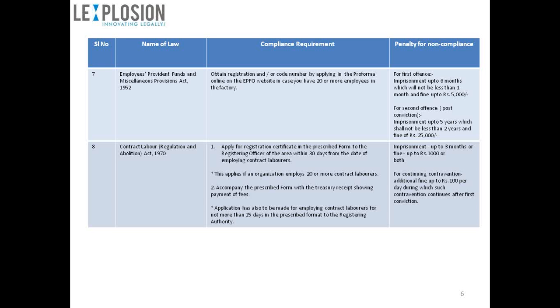So there could be situations like this where it might look as if a particular industry is governed by a particular state rule, but that might not always be the case, and one has to do further research to be sure whether the industry is governed by a state rule or a particular central rule.